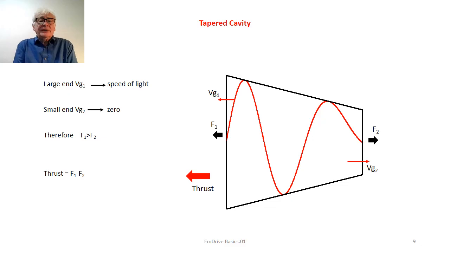Therefore, because Vg1 is going to be greater than Vg2, F1 is going to be greater than F2. And we have defined the thrust out of an EmDrive thruster as being F1 minus F2. But what does this actually mean? I mean, it's there, you can't avoid it, because the basic equations of microwave engineering say that F1 has to be bigger than F2.